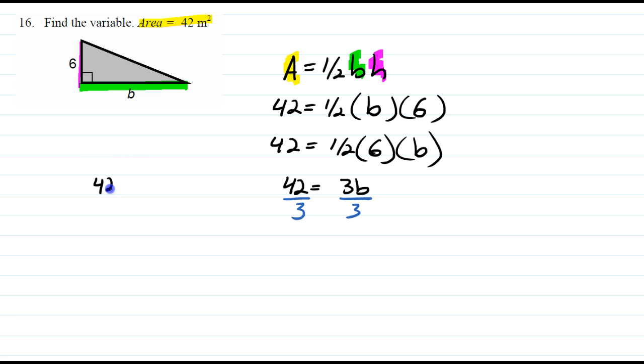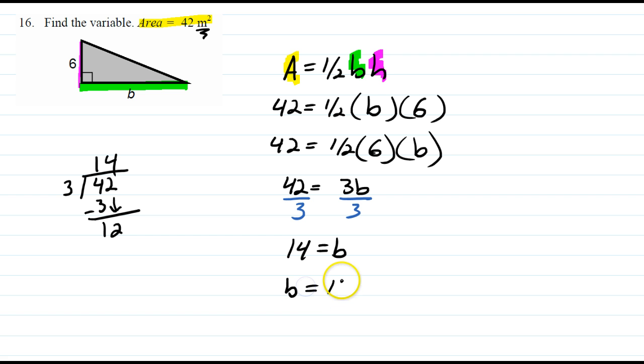And so see how many times 3 goes into 42. Bring the 2 down. 3 goes into 12 4 times. So 3 goes into 42 14 times. That means our base is 14. I gave you a unit, so that means our B is going to be 14 meters.